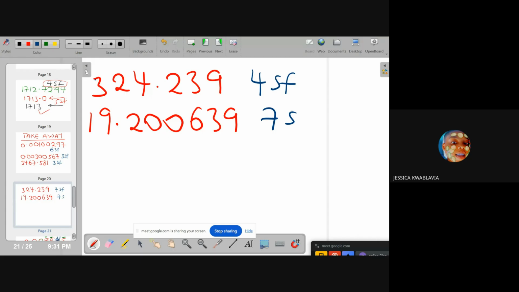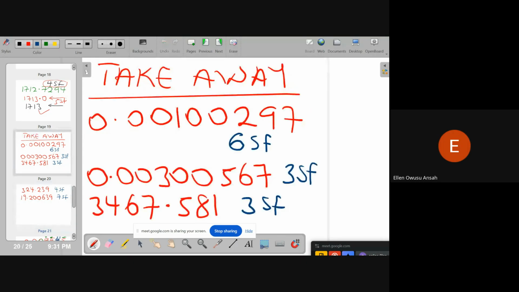This is for you. Sir, please, there is a mistake. Where? Yes, sir, the first question. Sir, the significant figures are 6. And you said we should round it to the given SF.